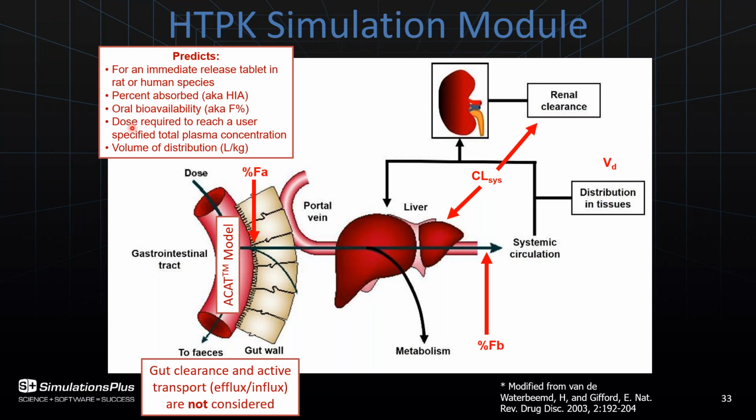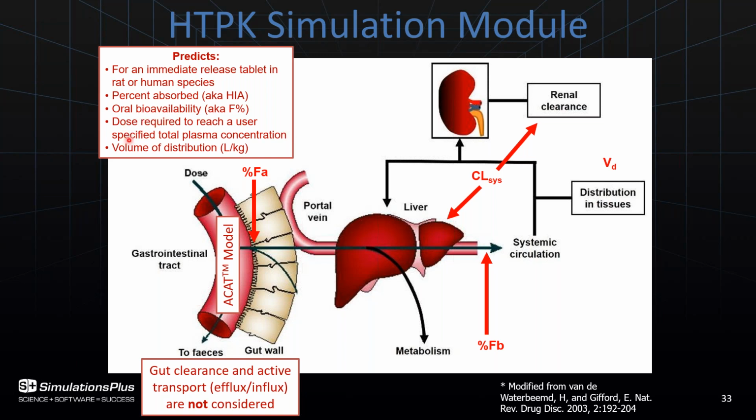Another tool is the dose required to reach a user-specified total plasma concentration. Here you could, for example, use IC50 values. You've tested your compounds and obtained an IC50 value for them, and you would want the total plasma concentration to be above the IC50 value in order for it to be an efficacious compound.